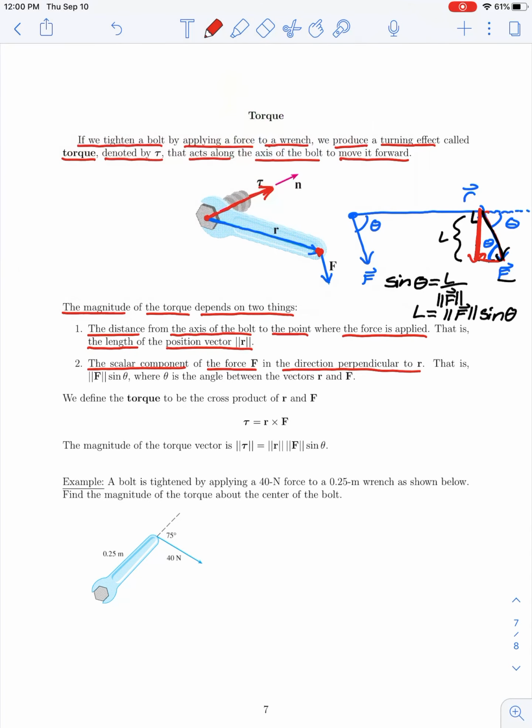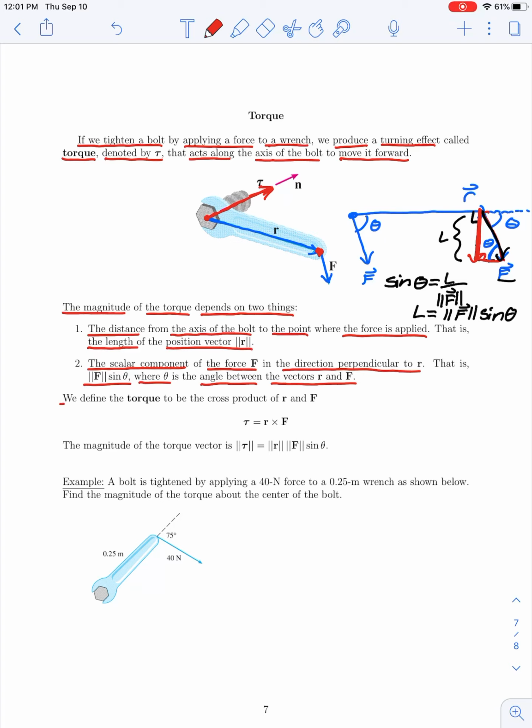So going back to our part 2 here, the scalar component of the force F in a direction perpendicular to R, which would be the scalar projection of F onto this vector perpendicular to R, is the magnitude of F times sine of theta, where theta is the angle between the vectors R, defining the length of our wrench, and F, our force vector.